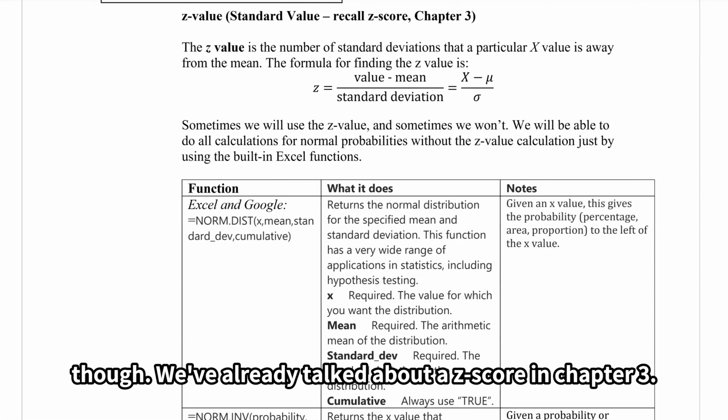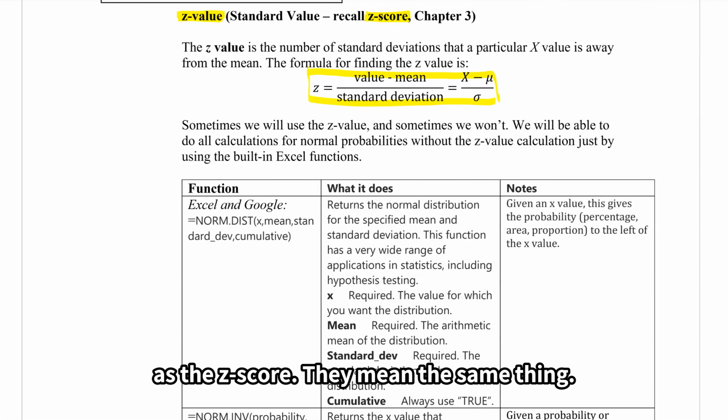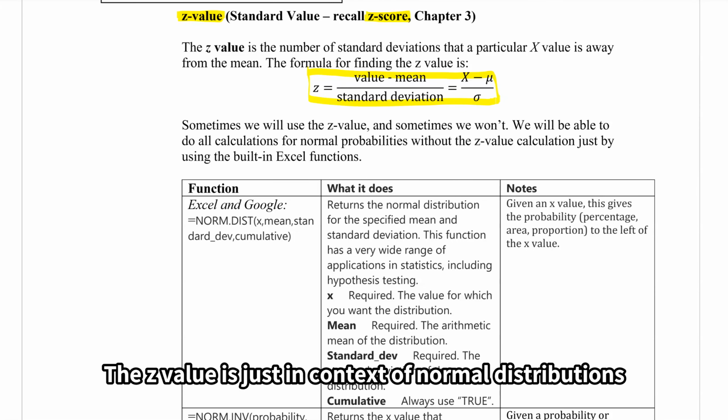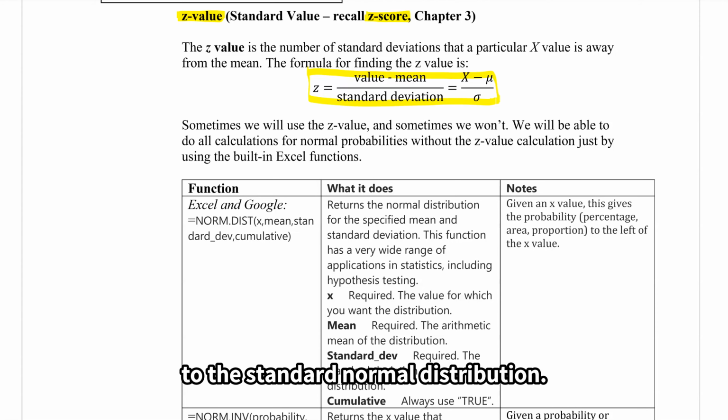Before we do that though, we've already talked about a z-score in chapter 3. This formula is exactly the same. The z-value is the same thing as the z-score. They mean the same thing. The z-value is just in context of normal distributions, how we can relate any normal distribution to the standard normal distribution.